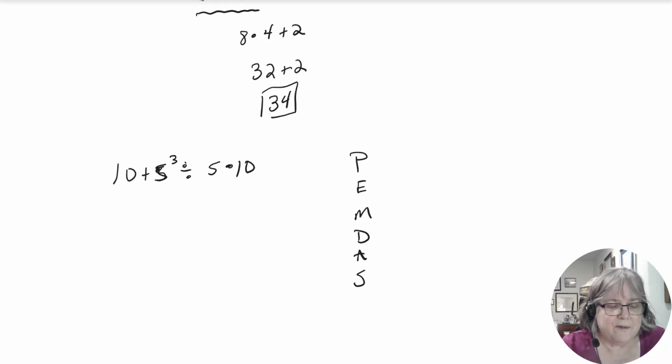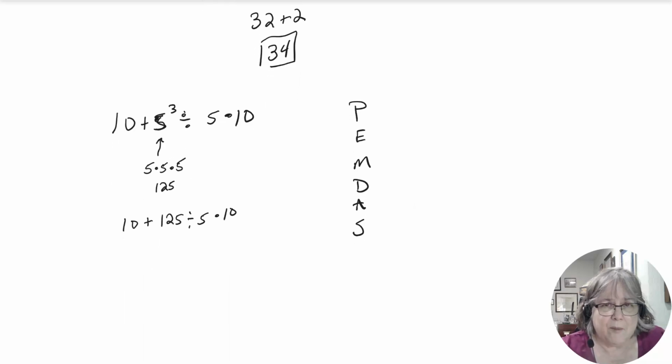So I need to stop and figure out what that is. So I'm going to just pull this out and say 5 to the third power, or 5 cubed, is 5 times 5 times 5, and that is 125. So I'd have 10 plus 125 divided by 5 times 10.